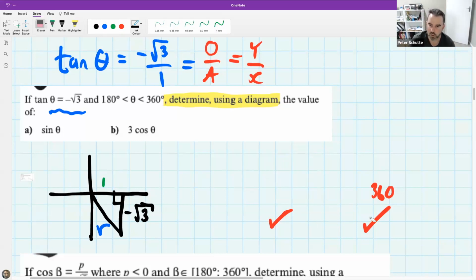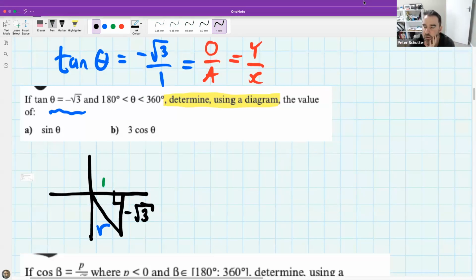Okay, now, can you work out what the R is going to be? What is R going to be? What are you going to use to help you find R?